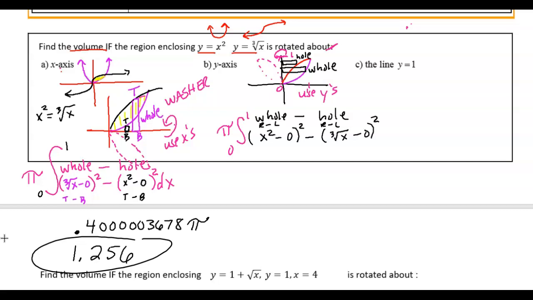I totally said it and then I didn't do it. So remember, these need to be in terms of y. So if I know y equals x squared, I can take the square root. And so x equals plus and minus root y. And so I have to think, well, remember, we were only using half of that curve. So this was the positive root y, and this is negative root y if it's over there.